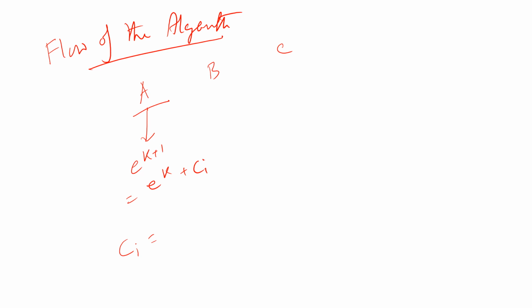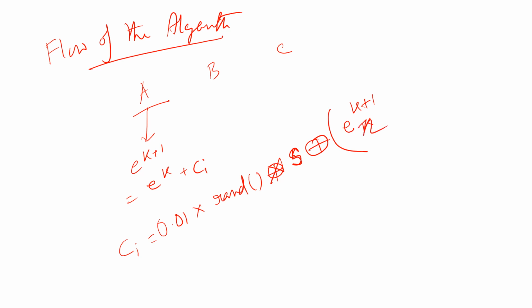The ci will be 0.01 into a random function, normal distribution, and then a sequential multiplication, but before that there will be a step size, and then a multiplication where ek plus 1 minus ek plus 1 global best is responsible.